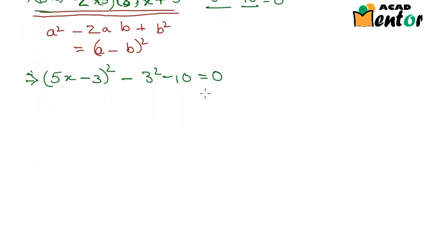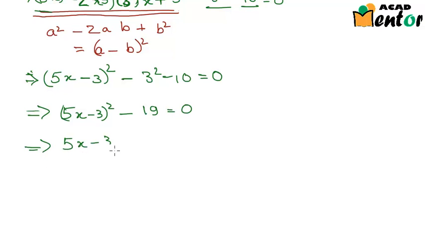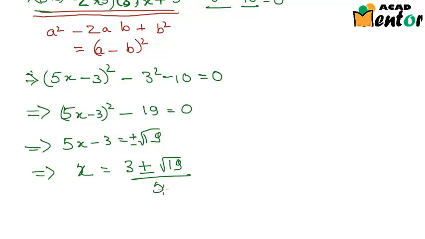Now this would become 5x minus 3 whole square minus 19 equal to 0, or 5x minus 3 equal to under root 19, positive or negative. And it's very simple from here. So I would have x is equal to 3 plus minus under root 19 by 5.